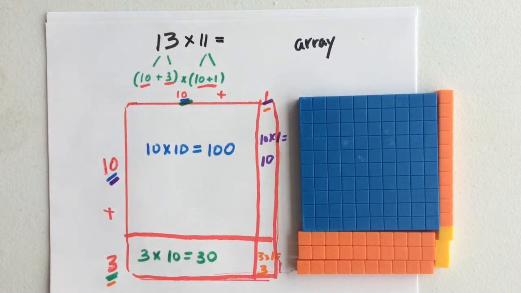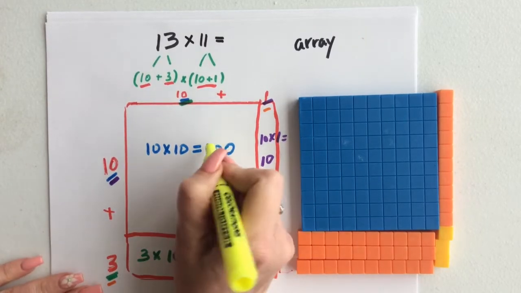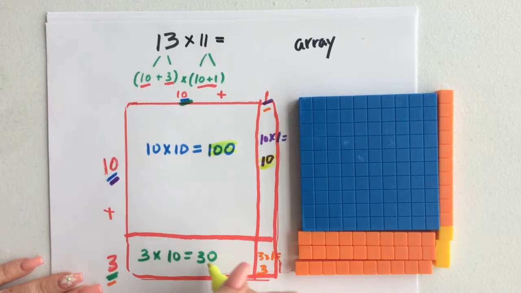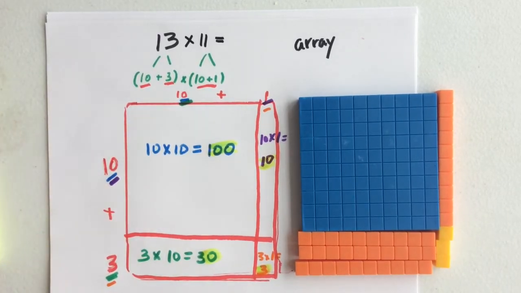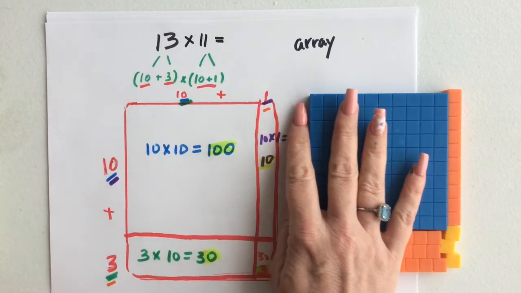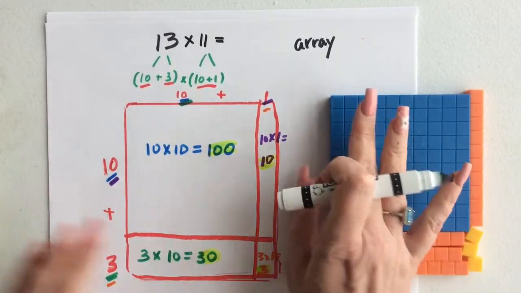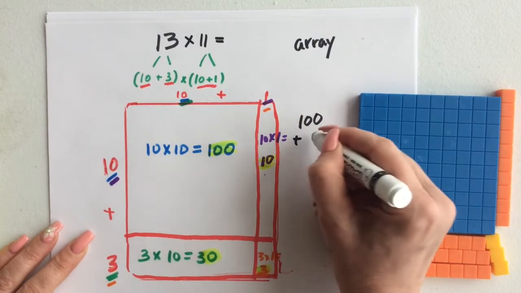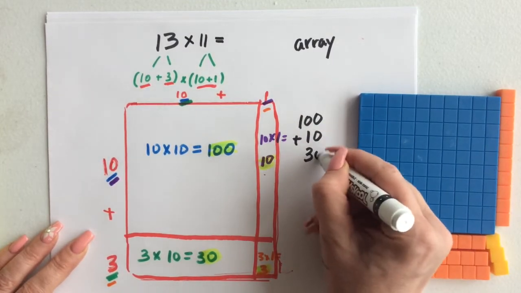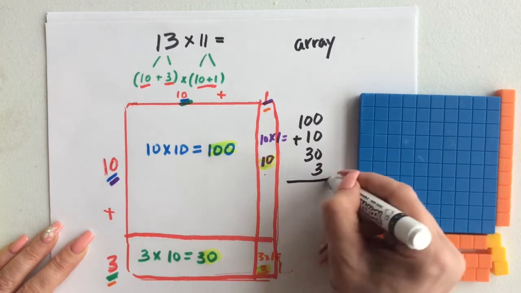So now I have each area and I just need to find how much the total area is. So I'm going to add those up. 100 plus 10 plus 30 plus 3.